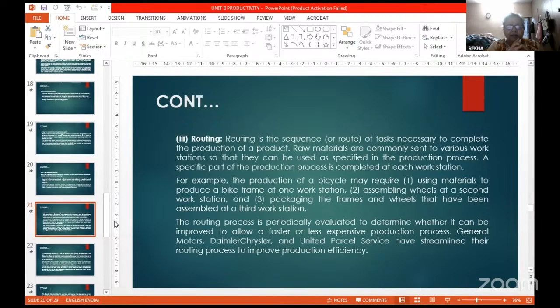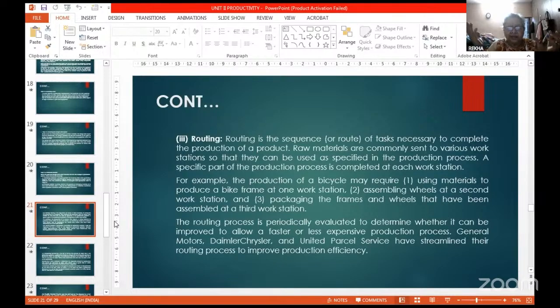A specific part of the production process is completed at each workstation. For example, the production of a bicycle may require using materials to produce a bike frame at one workstation, assembling wheels at a second workstation, and packaging the frames and wheels that have been assembled at the third workstation.